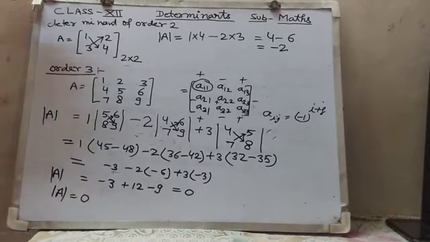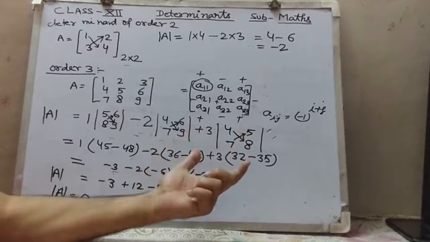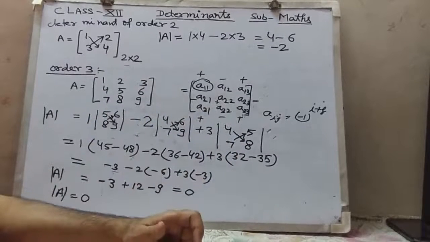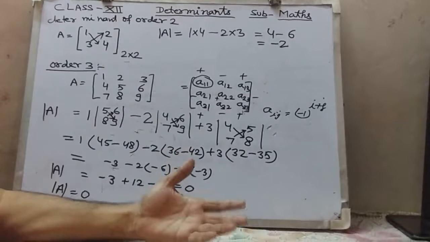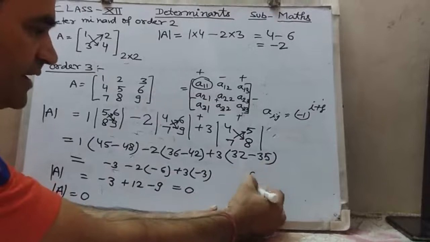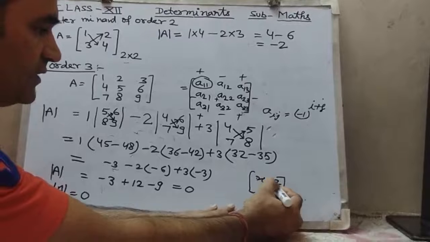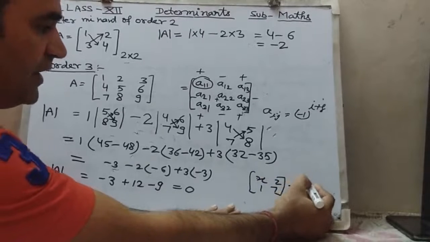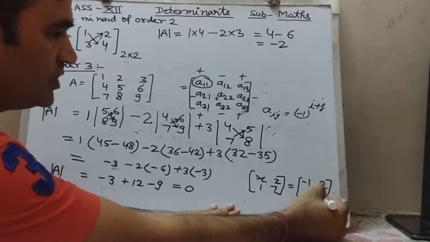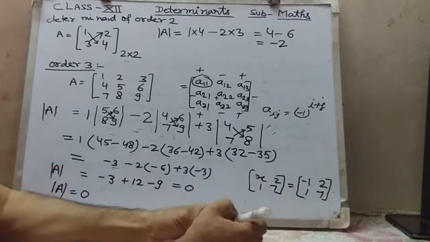In matrix, if two matrices are equal, then we compare their corresponding elements and we can find out the value of any unknown. Like this, if this is the matrix A, here is x 2 1 7 and it is -1 2 1 7.